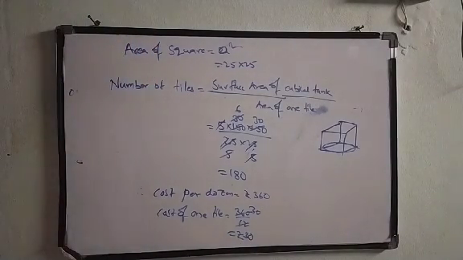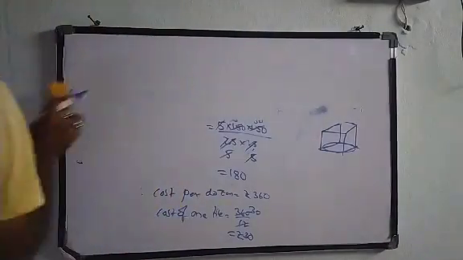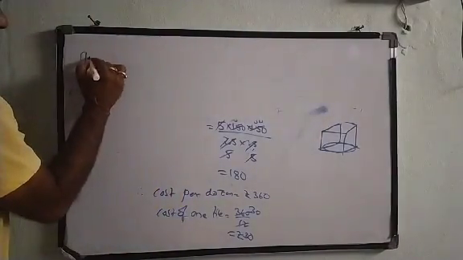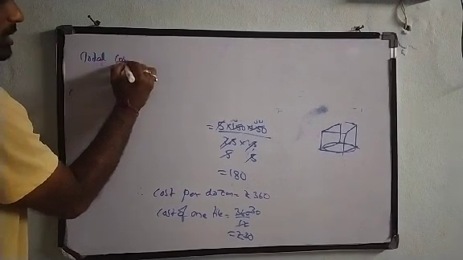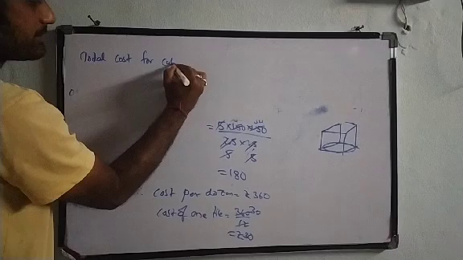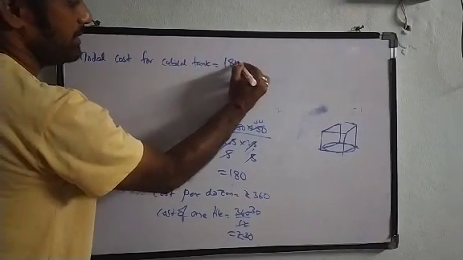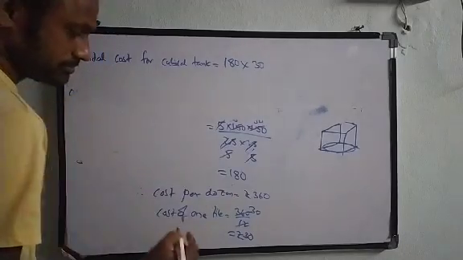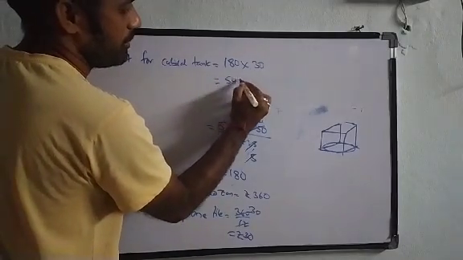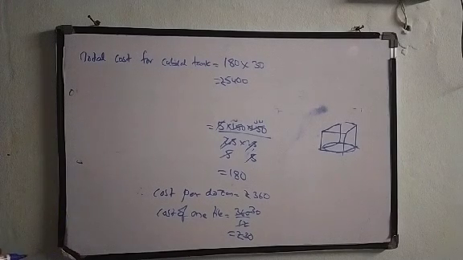Now totally we have 180 tiles, so the total cost for the cubical tank is nothing but 180 into 30, which is 5400. So we need to spend 5400 rupees in order to build this cubical tank.